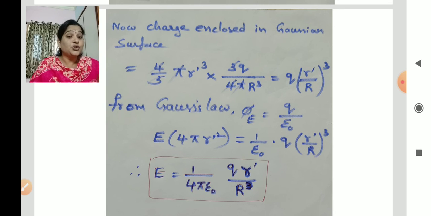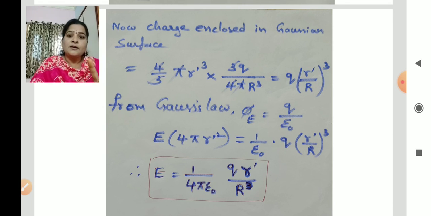Here the charge is the charge enclosed by the Gaussian surface, which we found to be Q into r prime by R whole cube.